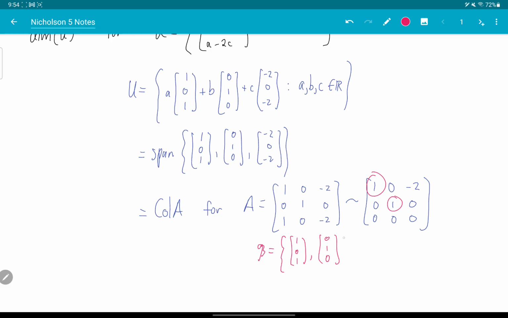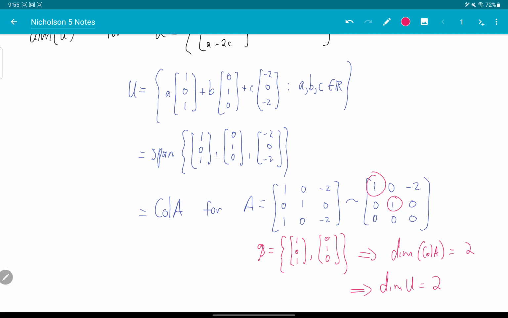Zero, 1, 0. So that means that dim of this column space is 2. But U equals the column space, so dim of U is also just 2. Who knew? Maybe baby blue.